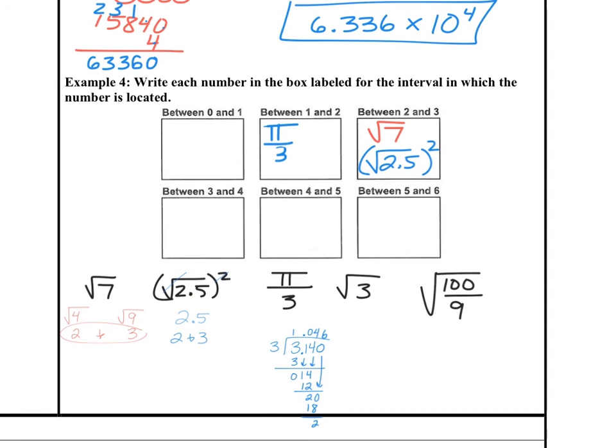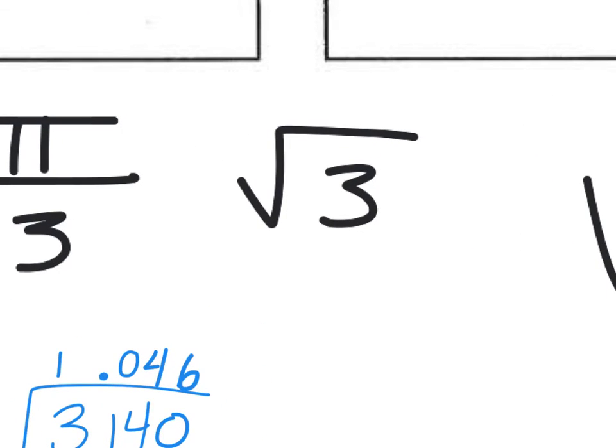Okay, square root of 3. Let's do the same type of thing. We got to find what 2 perfect squares it's between. Our perfect squares: 1 times 1 is 1, 2 times 2 is 4, 3 times 3 is 9. Which 2 is it between? 1 and 4. So square root of 1, square root of 4 is what it's between.